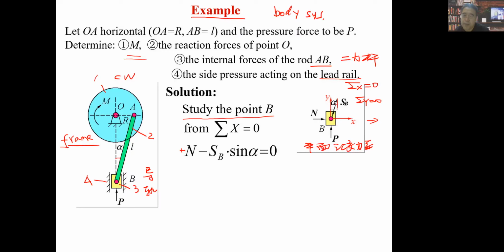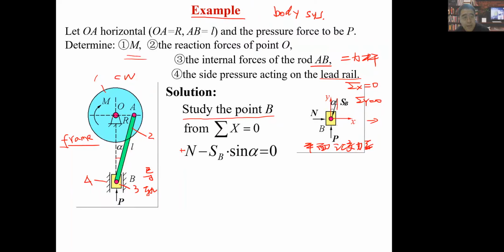So I can see that SBY will be SB times cosine alpha along the negative direction of y, and SBX should be SB sine alpha, along the negative direction of x. So we have a minus sign here. So we have N minus SB sine alpha, right?